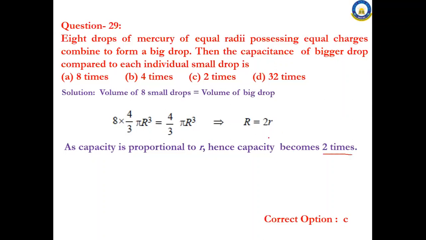So the capacitance of the bigger drop compared to each individual smaller drop will be 2 times, because R is equal to 2r, and capacity is proportional to the radius of the sphere. Hope you understood this. So option C, please note down. We'll move on to the next question.